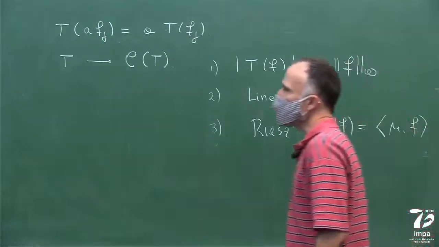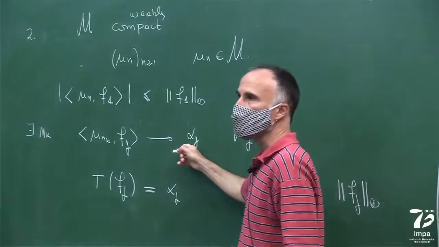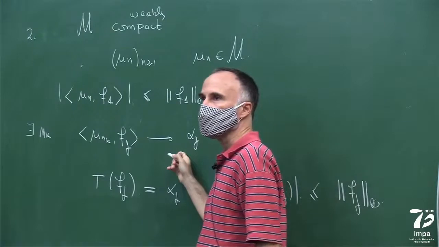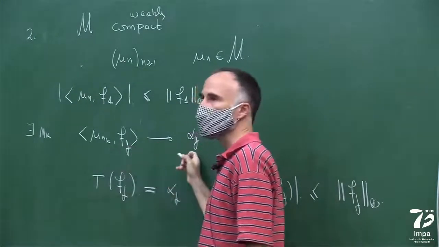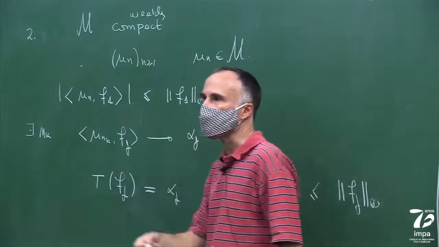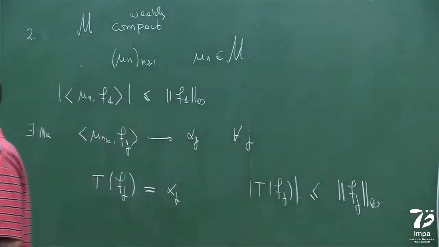And now finally, since you know that alpha j is t of fj, you have that this mu n fj is converging. For this sequence, fj is converging to alpha j, which is mu of fj, and that will tell you that mu n k converges to mu weakly.